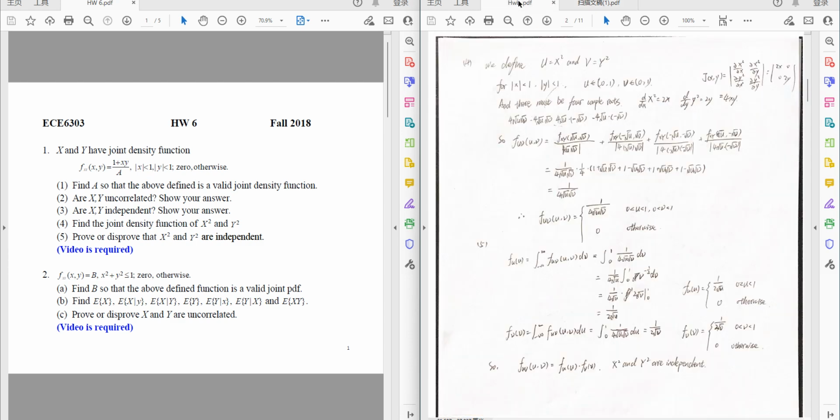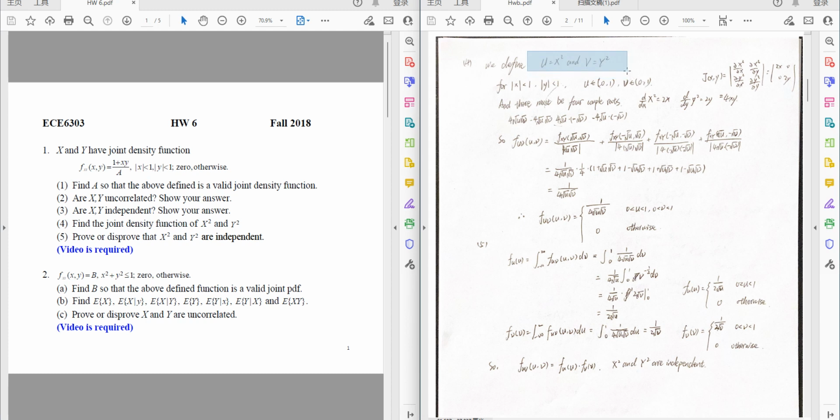Okay, now we come to the first question, which is to find the joint density function of x squared and y squared. In this question, we first assume two new variables to represent x squared and y squared for convenience, which I call u and v.